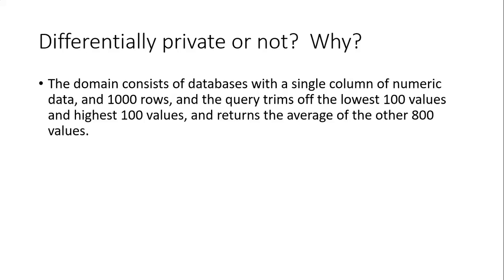Like, what could be more private than trimming off the highest 100 and lowest 100 and returning a trimmed mean? I mean, that's just a statistic, not a very informative statistic. So I added the trim part just to kind of throw people for a loop.